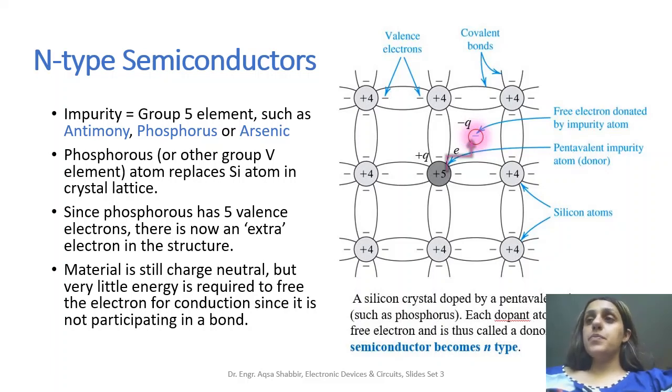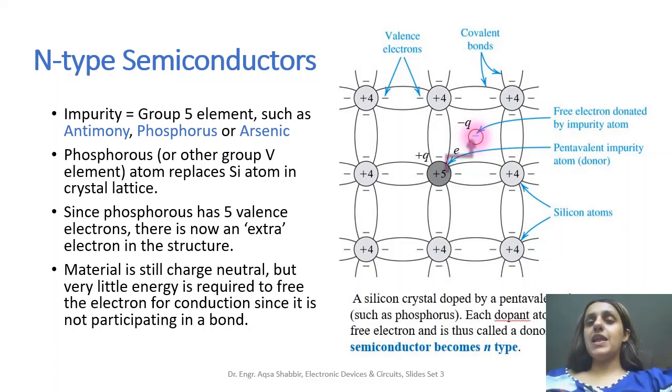So once we add an element of group 5 as an impurity to pure or intrinsic silicon, and it replaces a silicon atom inside the crystal lattice, there is an extra electron present in the structure, because 4 of phosphorus's valence electrons form covalent bonds with the neighboring 4 silicon atoms.